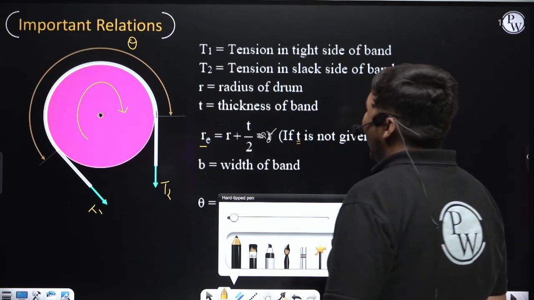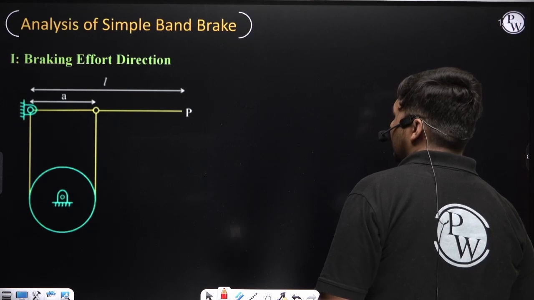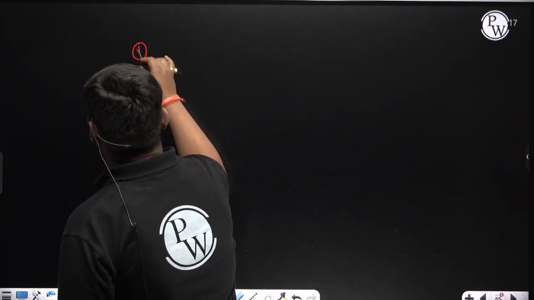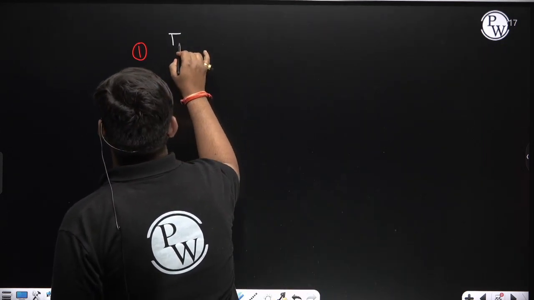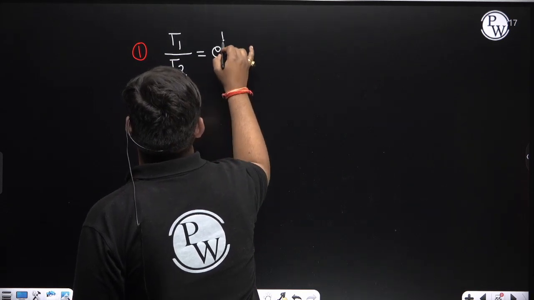Now I am writing the important relations here. First, T1 is the tension in the tight side and T2 is the tension in the slack side. One relation between T1 and T2 is T1 by T2 equal to e to the power mu theta.